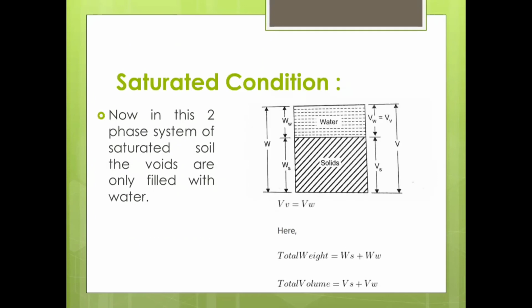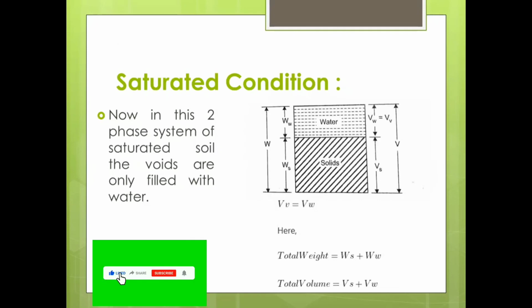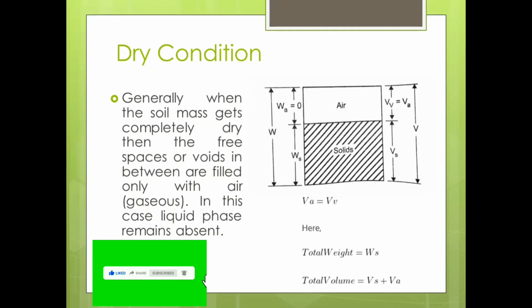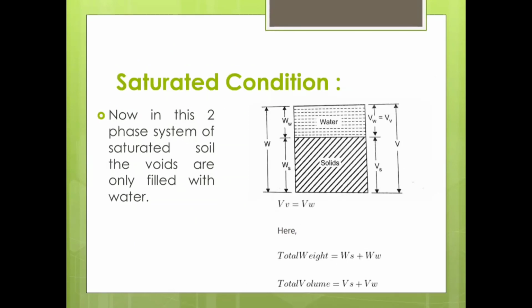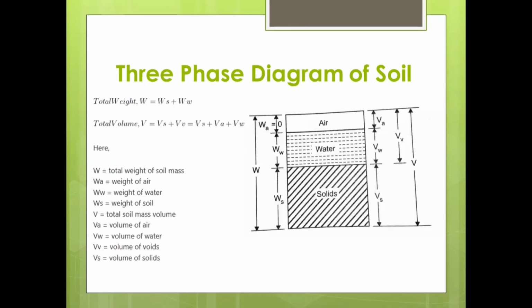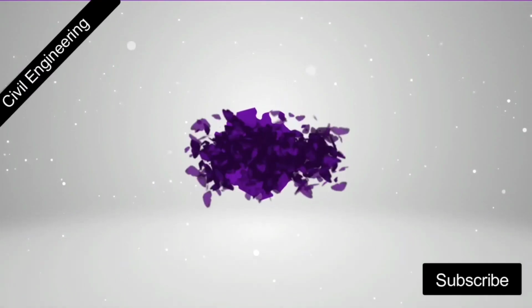In the saturated condition, the total weight of the soil mass will be constituted by solids and water. Whereas for volume in the two-phase situation, in the dry state, volume is volume of solids plus volume of air. For the saturated state, it is volume of solids plus volume of water. And when there is a three-phase system, the volume of the total soil mass is constituted by all three: solids, air, and water.